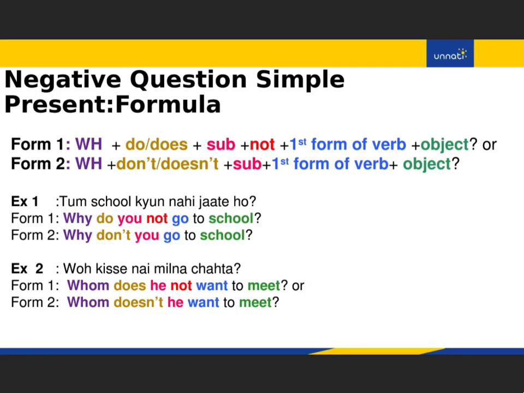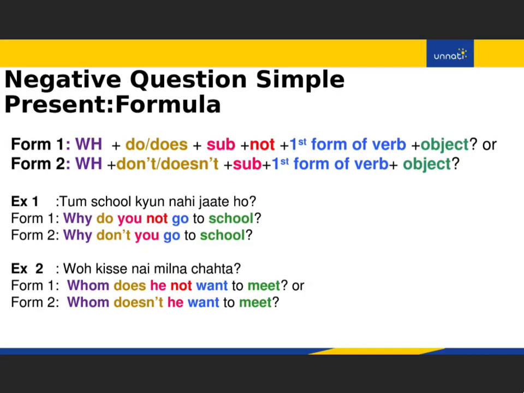Now let us look at the sentences. तुम स्कूल क्यों नहीं जाते हो? So first I will construct the sentence according to the first formula. Why do you not go to school?